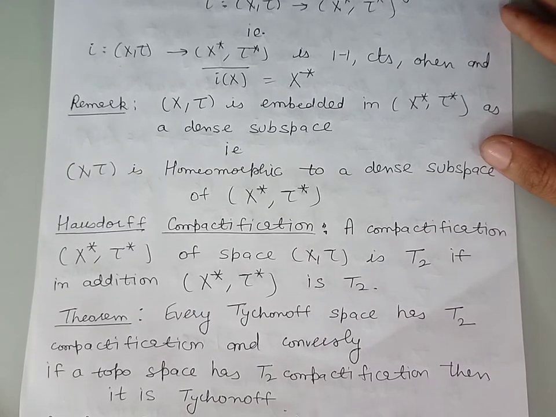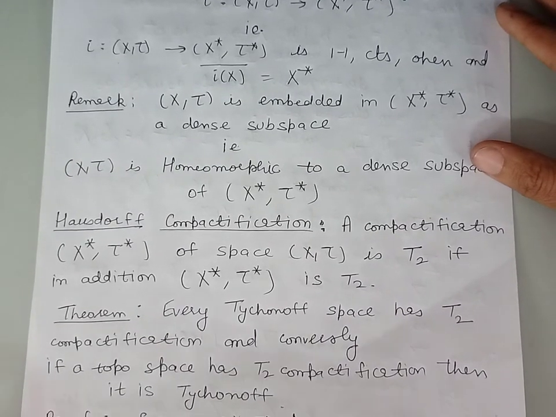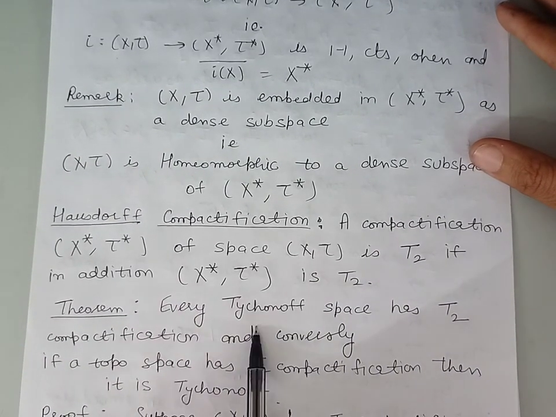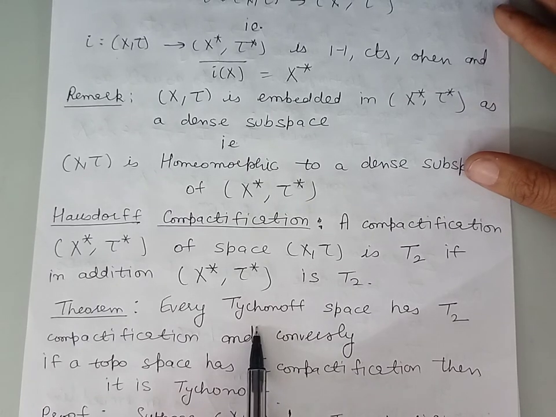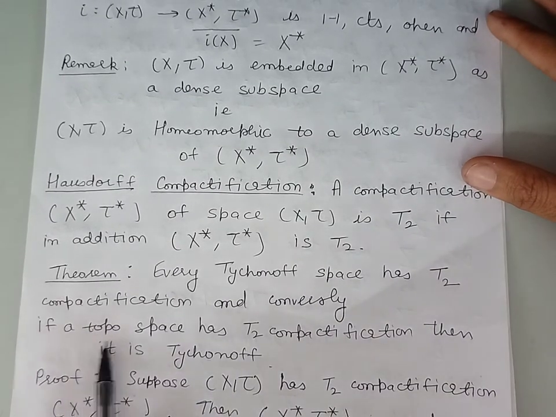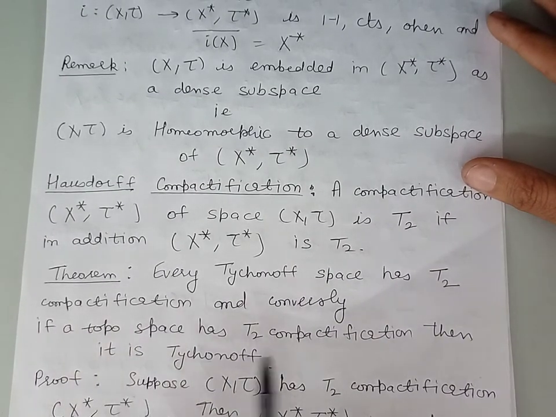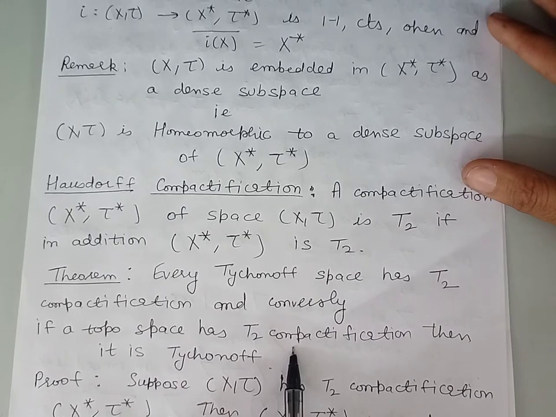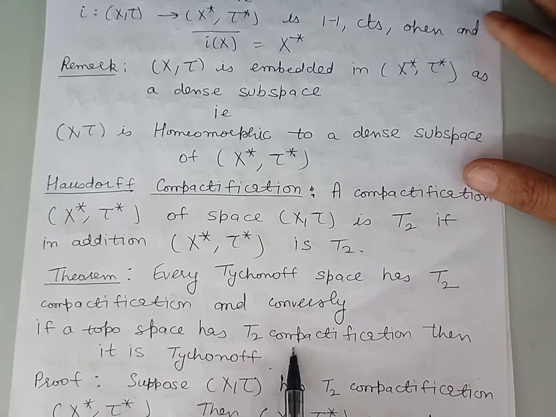Now, the next theorem is: every Tikhonov space has a T2 compactification, and the converse is also true. Means if a topological space has T2 compactification, then it is Tikhonov.